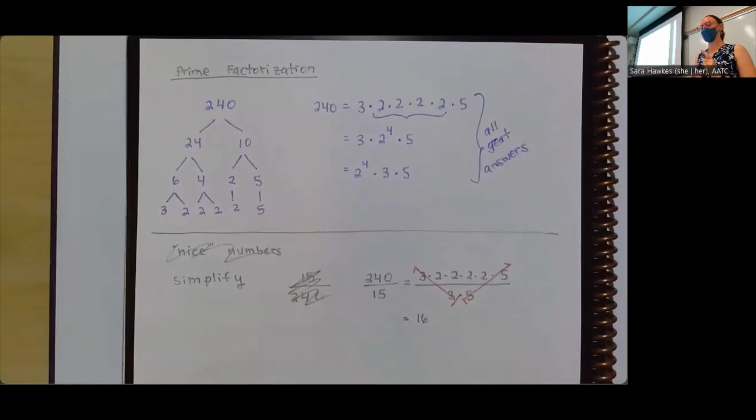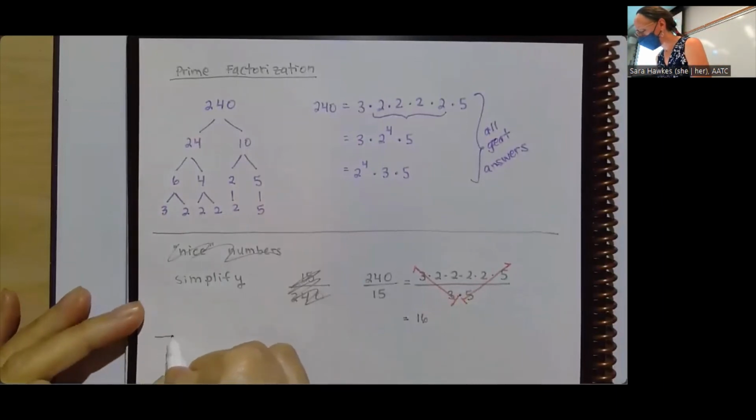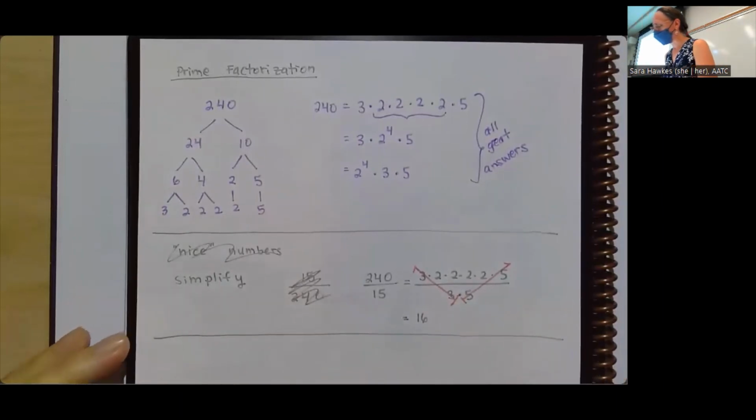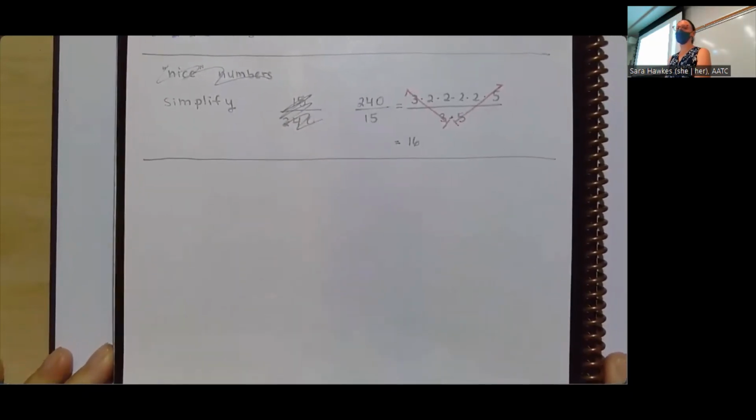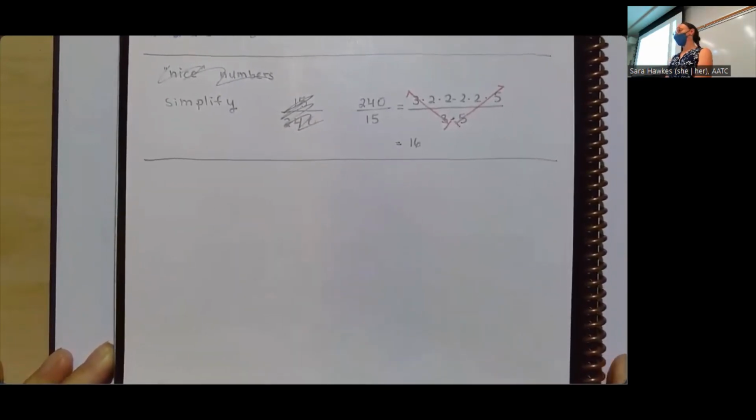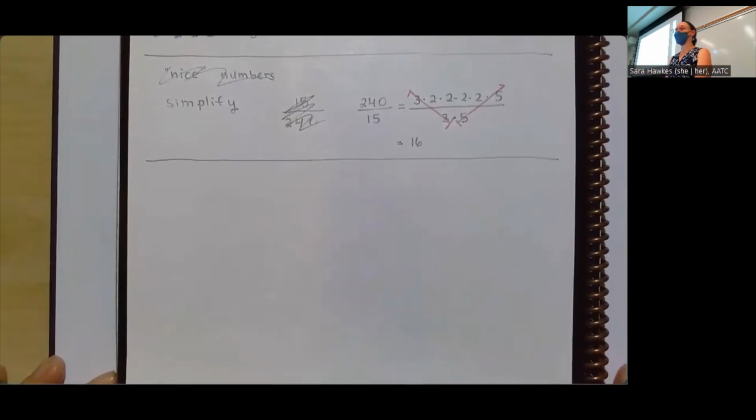Cool. We have a little bit of time. So now I'm going to go back to my nice numbers stuff. And if it's been a minute since you were doing math with numbers in your head or without a calculator, I am asking you to memorize some stuff. We'll get to general multiplication facts like everything up to 12 times 12.